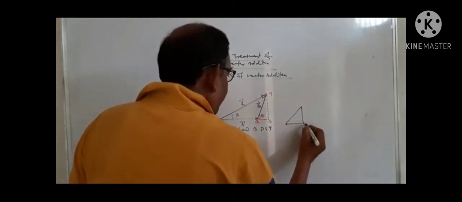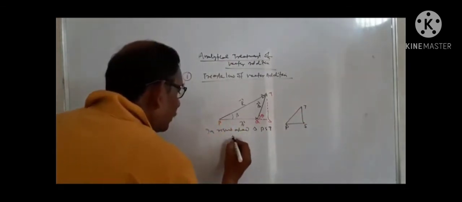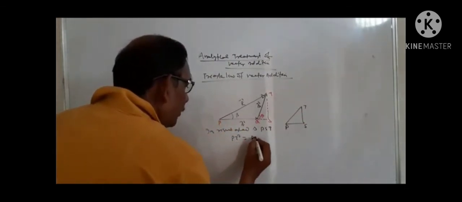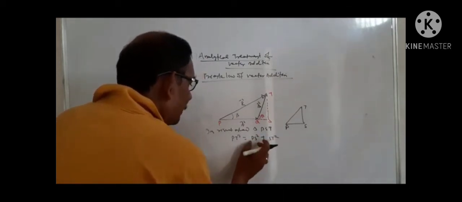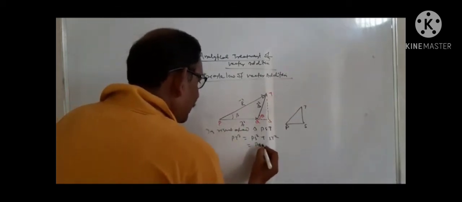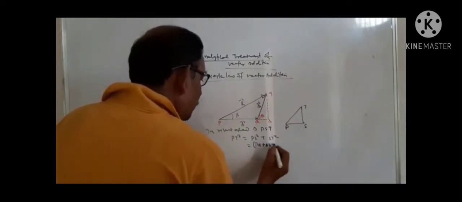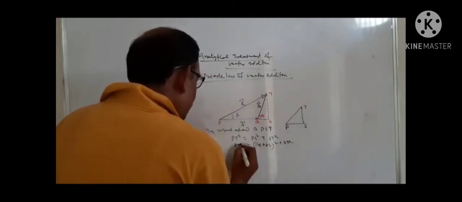PT square is equal to PS square plus ST square. Now PS is PQ plus QS, whole square, plus ST square. It is your PT square.